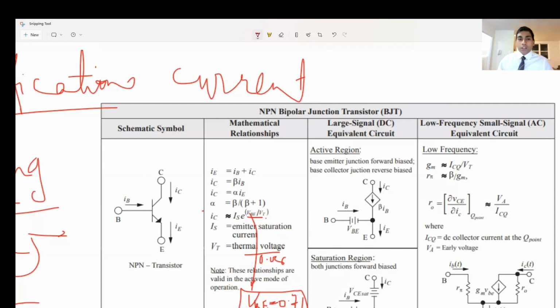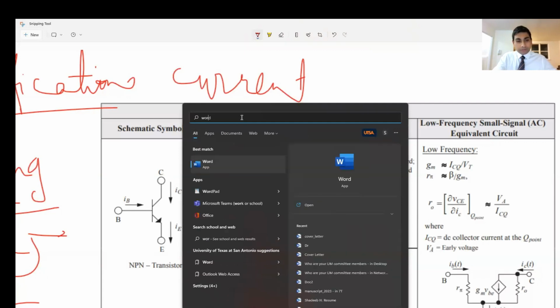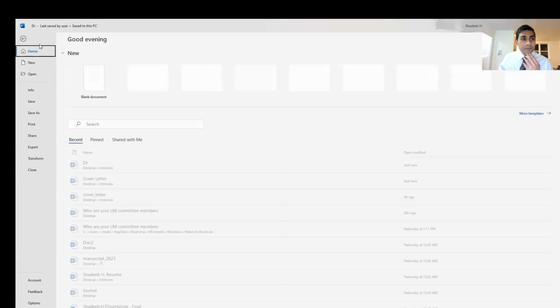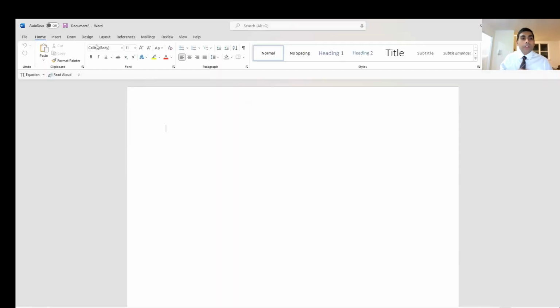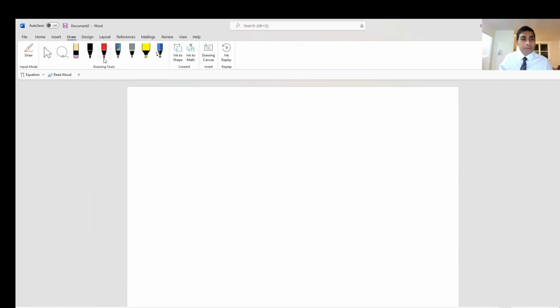So if I'm trying to visualize it, let me get a Word document. In the cutoff region, it's an open circuit. And the saturation region is like a short circuit between collector and emitter.